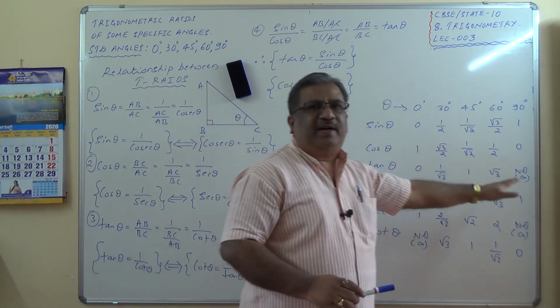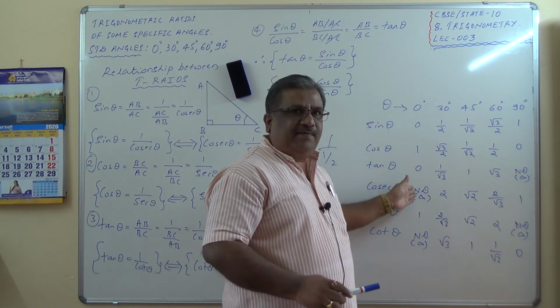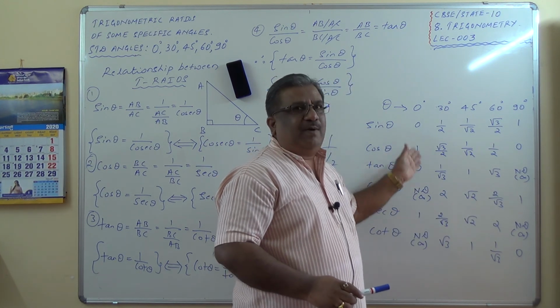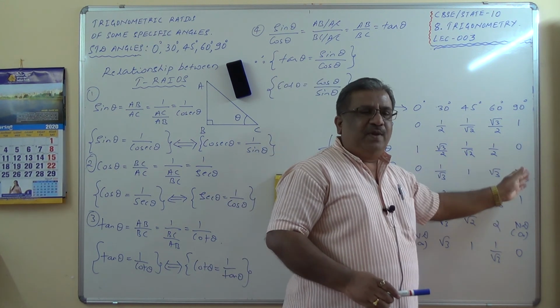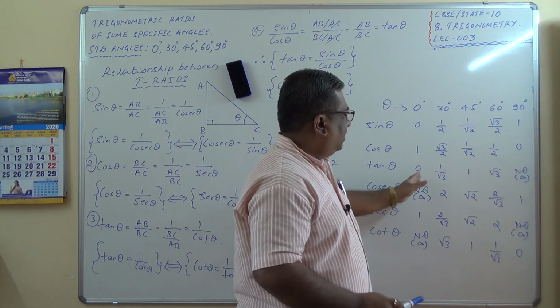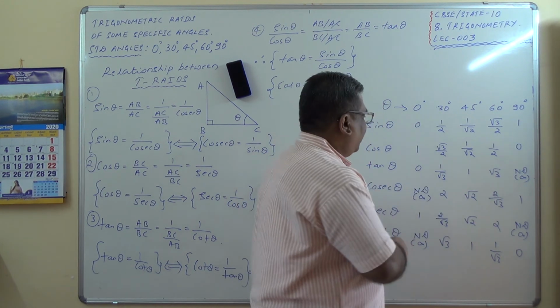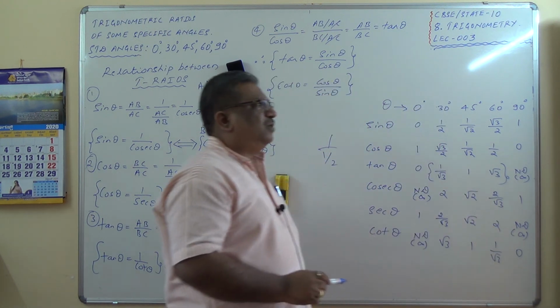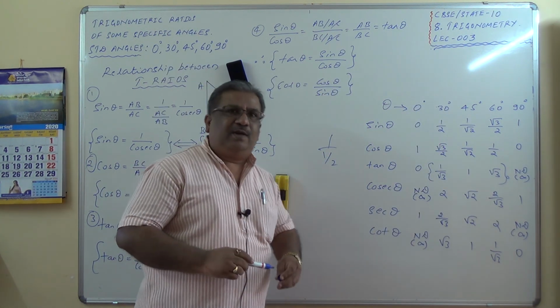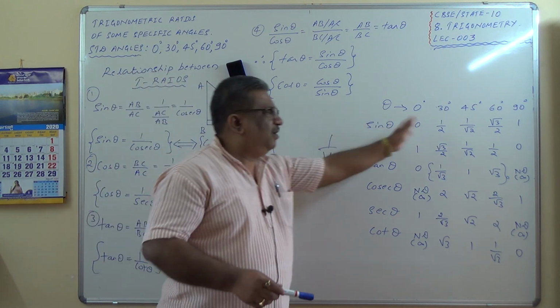And 0, infinity. Of course, these two shouldn't make any difference here, because sine by cos, 0 by 1 is definitely 0, whereas on this side it is not defined, because you know the values of these two. But very quickly, in order to remember, this is a key point: 1 by root 3, 1, root 3. And the rest you should be able to remember.